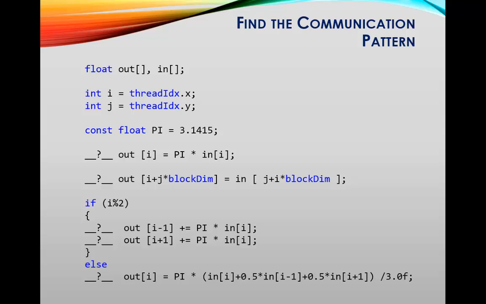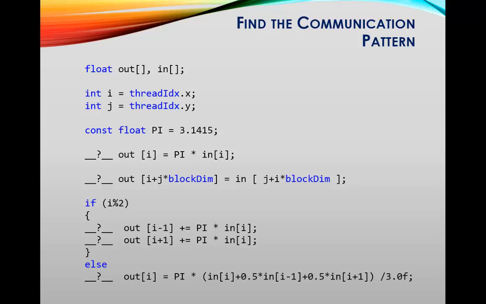Each thread will have a thread index x and a thread index y, and what we want to do is essentially multiply each of the input elements by pi, or take the input element from our two-dimensional array and reformat it into the output element. So that's line number 2.